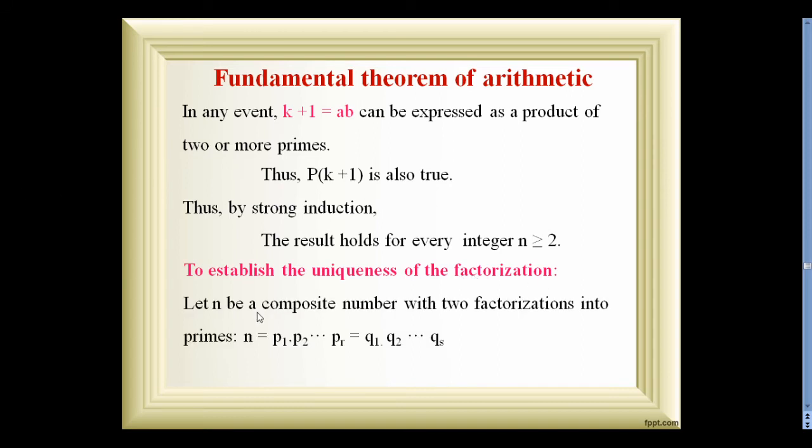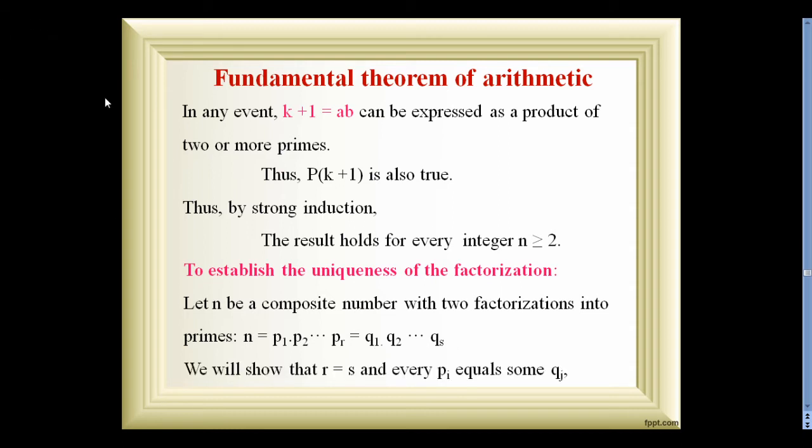So let n be a composite number with two factorizations into primes. We define n as the product of primes, two different factorizations: p1, p2 up to pr, which is equivalent to q1, q2 and so on up to qs. So these p1, p2, pr are primes, and on this side q1, q2, qs are also primes.